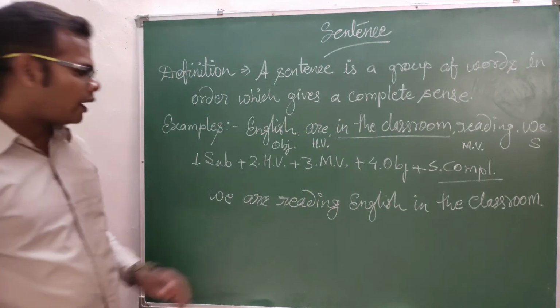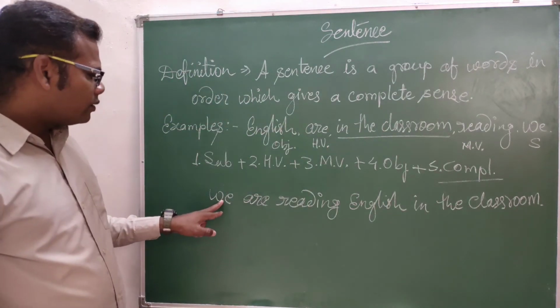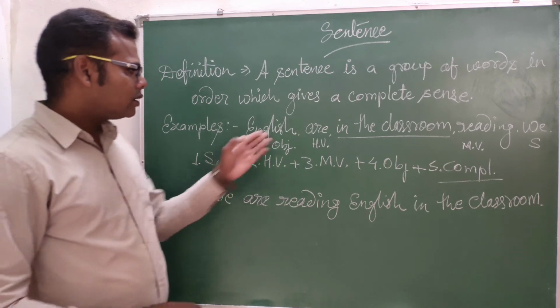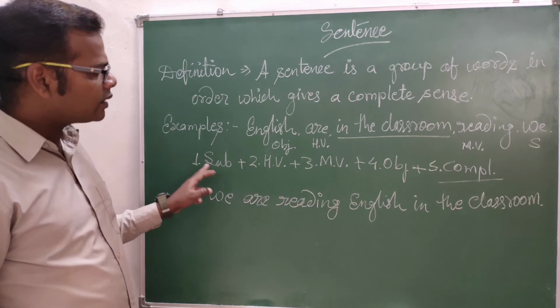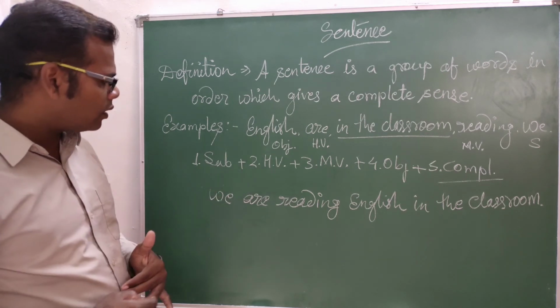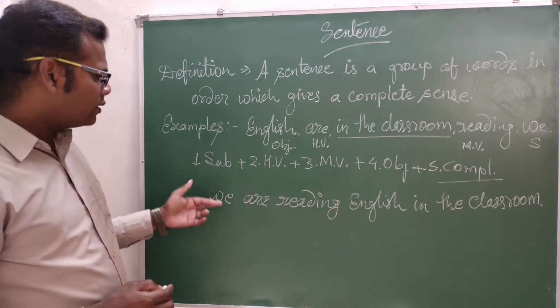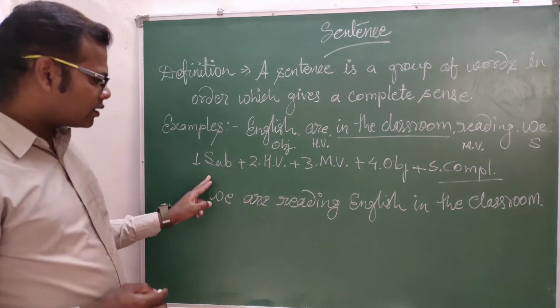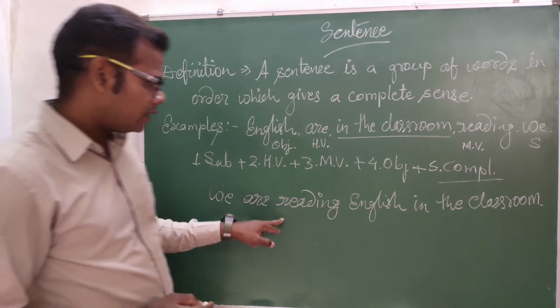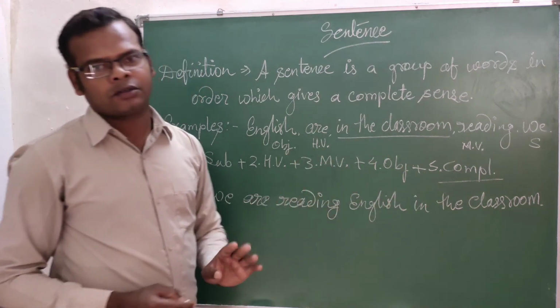So friends, as you can see, we have arranged the given words in the basic structure of the sentence, and let's look up what we have written after putting up the words in a basic structure. We are reading English in the classroom.